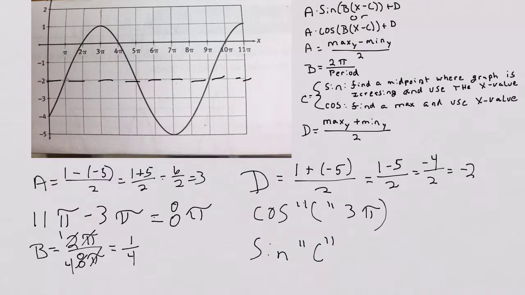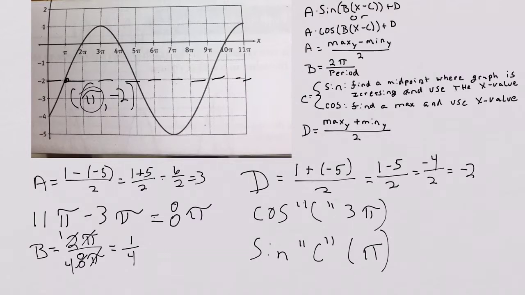We wouldn't use this one because yes, it's on the midline, but it's actually decreasing. So we'd want to use this point right here. Well, that point is pi, comma, -2, but we're going to use the x value. So for sine, we're actually going to use pi for my C.